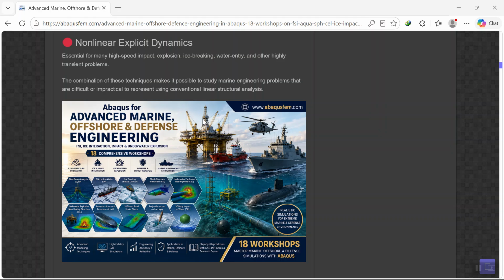What makes this package particularly valuable is that it doesn't focus on just one type of marine problem. It brings together several important areas of advanced simulation: offshore hydrodynamics, fluid structure interaction, smoothed particle hydrodynamics, coupled Eulerian Lagrangian, underwater explosion and UNDEX, acoustic structure interaction, ice structure interaction, marine impact and water entry, and naval and defense related applications.